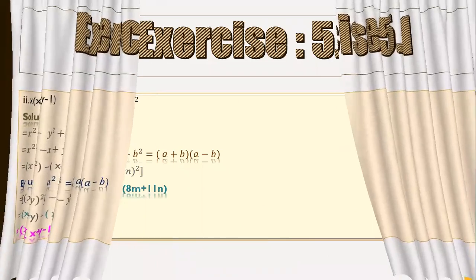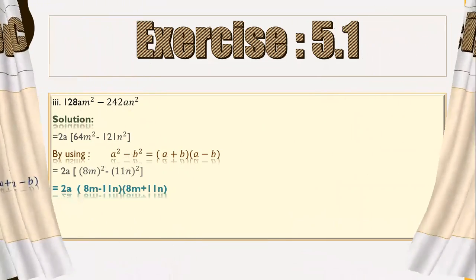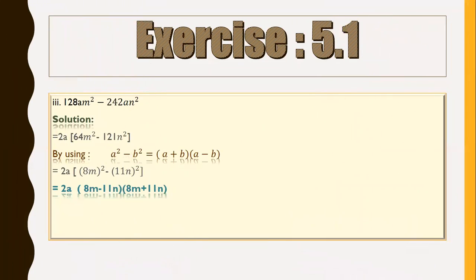The third part is 128 am square minus 242 an square. The same problem is here that we saw in part 1: 128 is not the square of any number and 242 is not the square of any number.